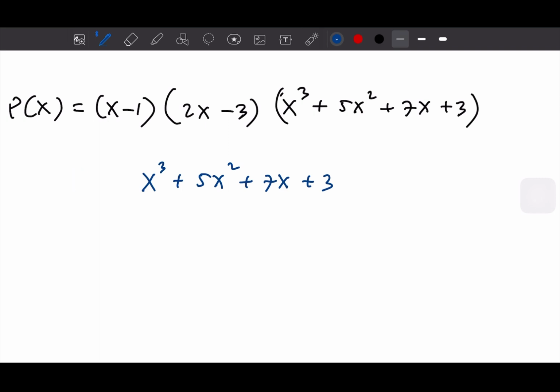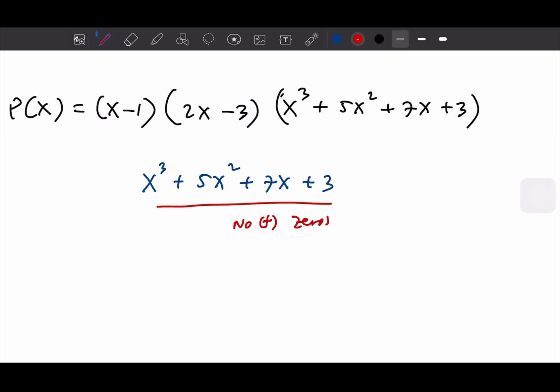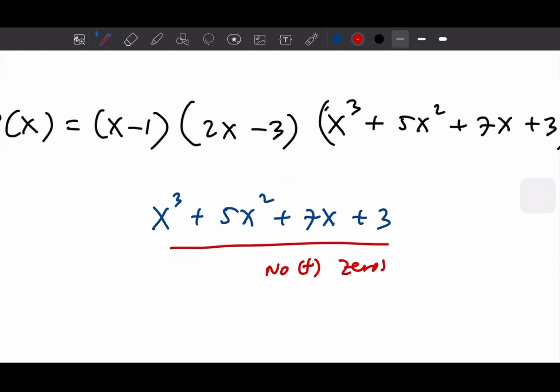Using Descartes' rule for this one, no variation of sign. So of course, no positive zeros, right? As we already mentioned, the big one, we already have these two positive zeros. So the next thing we could check is the negative one.